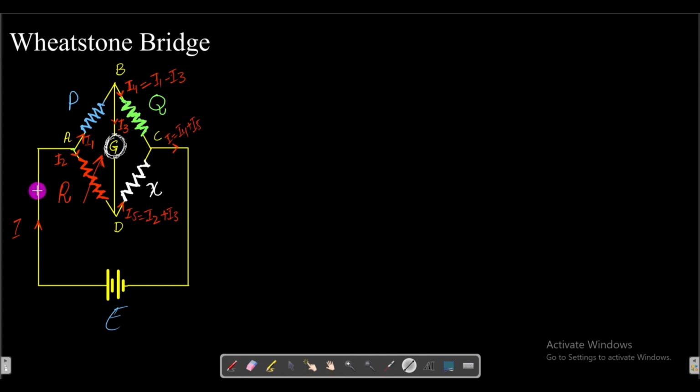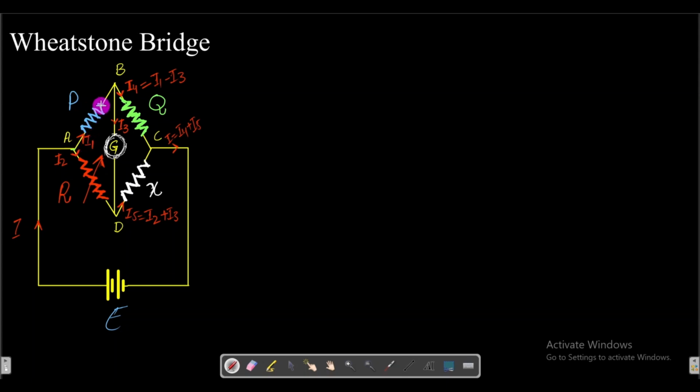When it reaches this junction, Kirchhoff's current law is applied. Here, that current I will be converted into I1 and I2. So it will be distributed to I1 and I2.